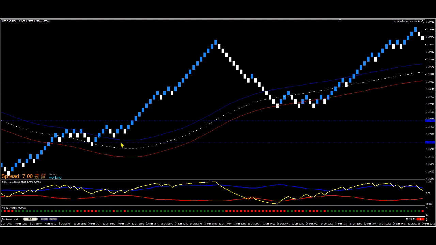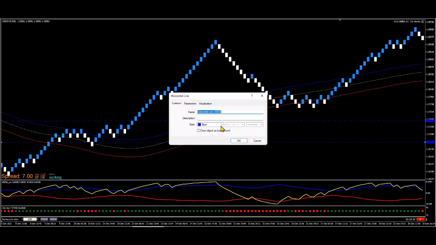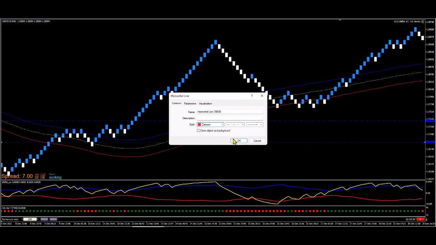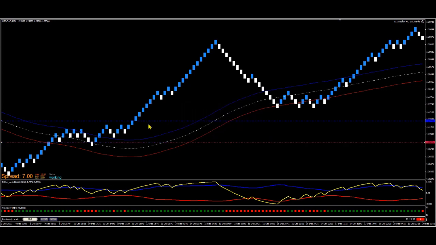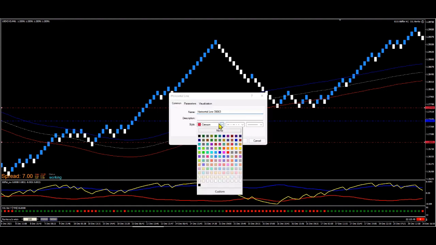Let's change that to red. That is going to be our stop loss, which is going to be 5 bricks down, and our first take profit is going to be 3 bricks up. So 1, 2, 3. And that is our take profit number 1.